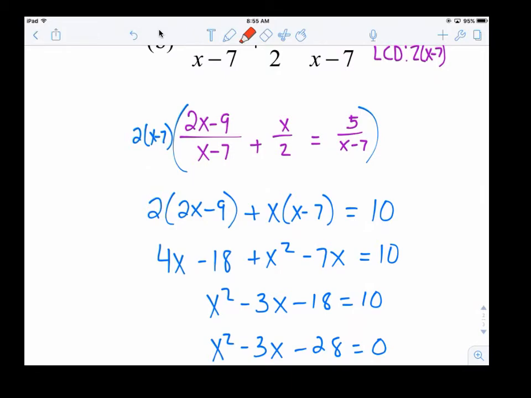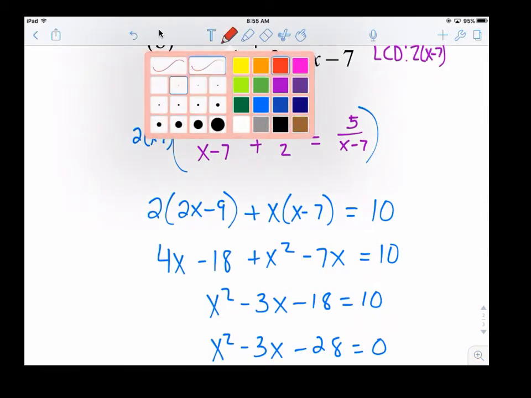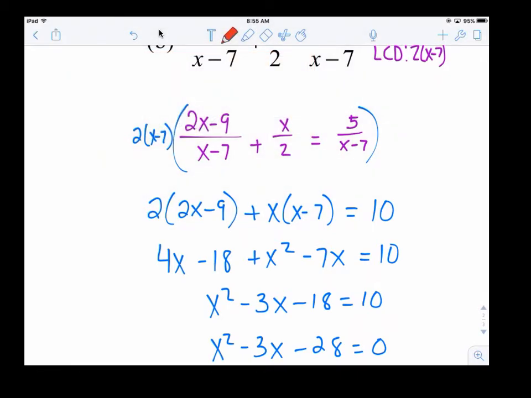So you're not getting how we went from here to here? Okay, so you just have to take what you're multiplying by and then multiply each term separately. So if you have the first one, you're going to take this and multiply it to that.